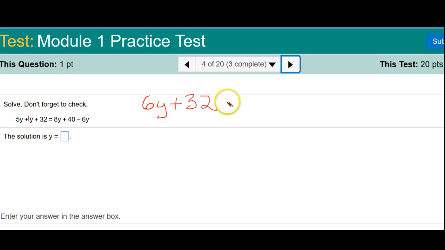And then we're going to combine these like terms, 2y equals 40. Then we can transpose and eventually solve for y. So not too much strategy other than knowing how to solve an equation. And I see I needed to put a plus there. Again, I got carried away. Okay.